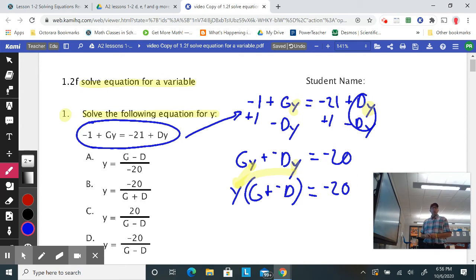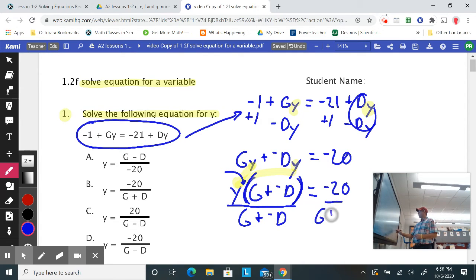What that allows me to do is to get the y by itself, I have multiplication here. So to undo multiplication, you divide. What do I want to divide by? I'm going to divide by the g plus the opposite of d. That group. I'm going to divide it on both sides.